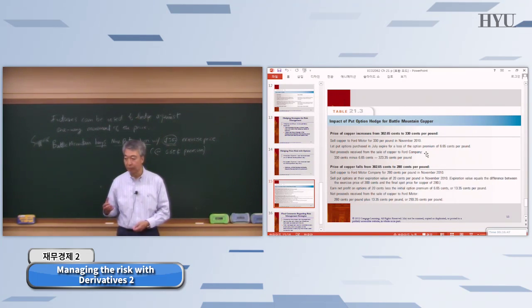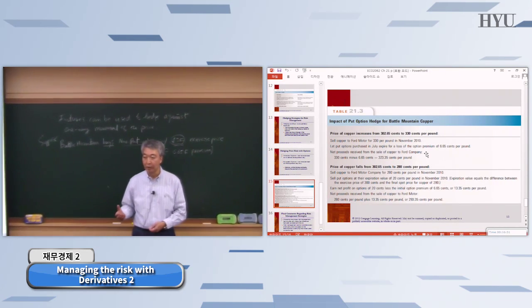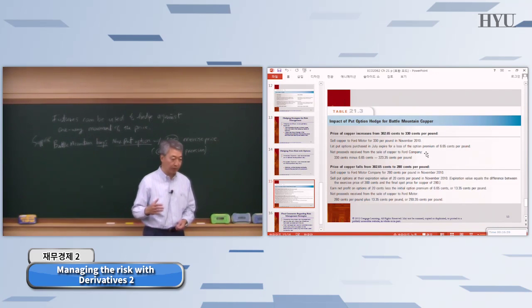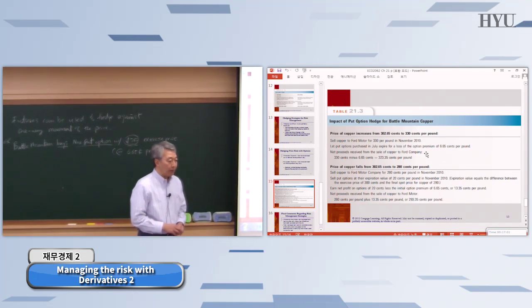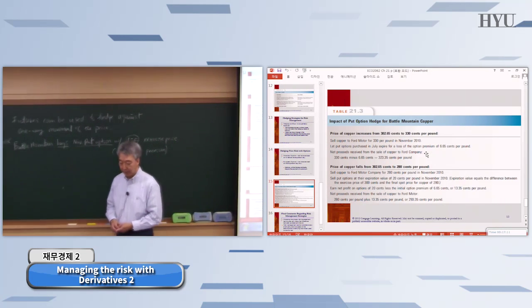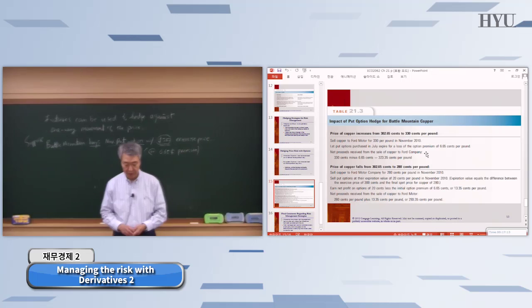If you had a short hedge, if you sold the future, then you are obligated to provide your copper or whatever at the set price. If you had a long hedge, then you are obligated to purchase the copper or whatever. But in the option case, you can just let it expire.